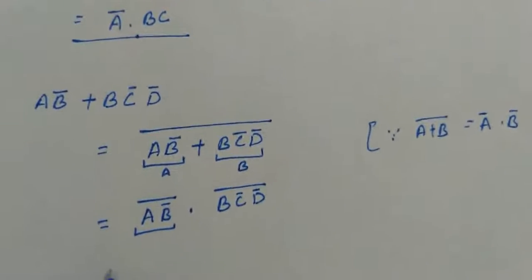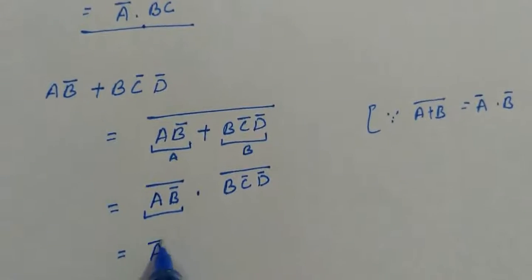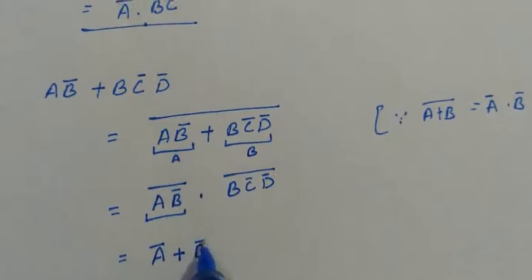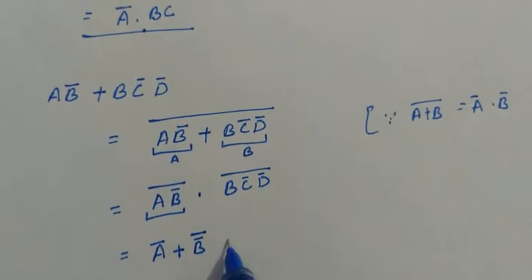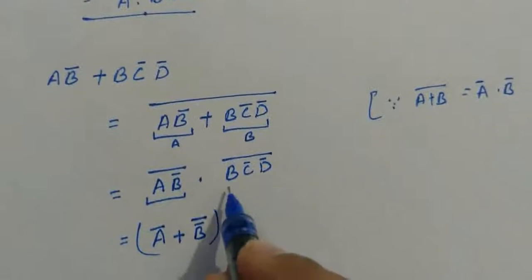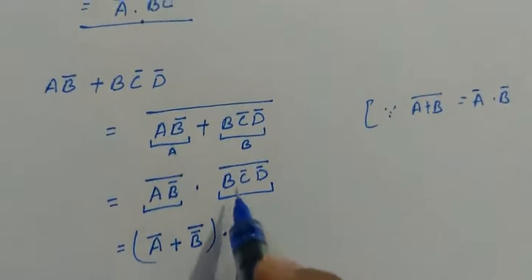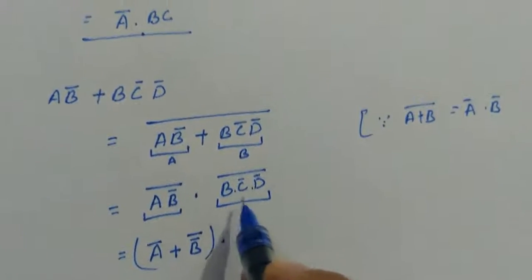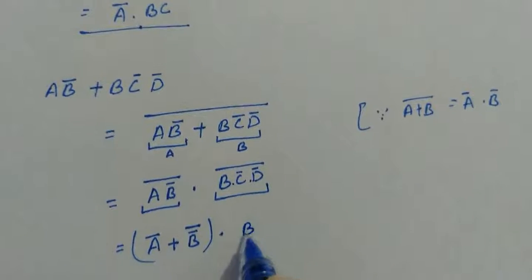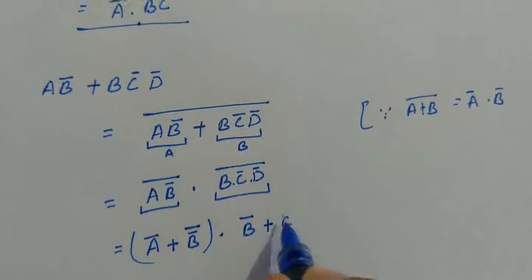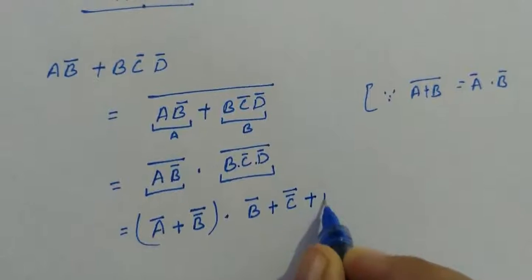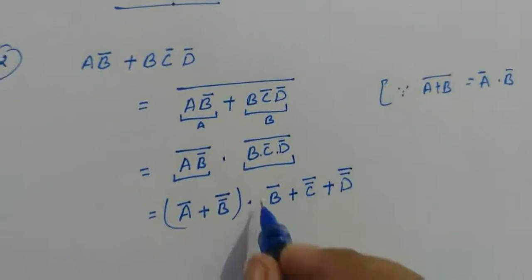So again what we can write, A complement plus B complement complement dot, we can apply De Morgan's here also. So in place of the product dot we will write plus: B complement complement plus C complement complement plus D complement complement.